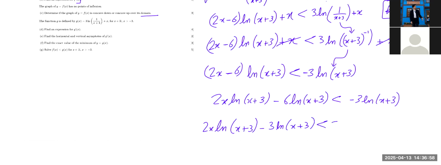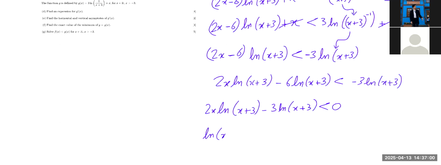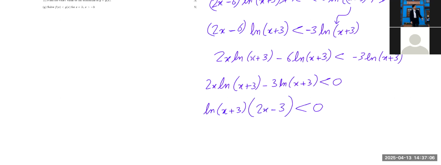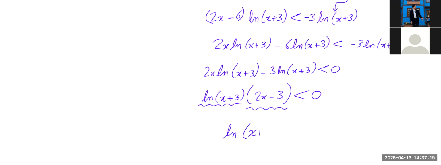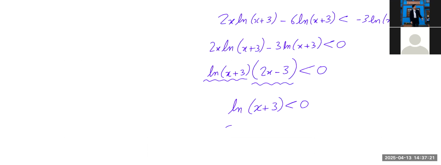Now I'm going to take a natural log common, and I'm going to end up with this. Now, these are two separate factors. Originally, since I cancelled out the natural log, I only ended up with this one factor, which gave me one answer, but I'm supposed to have two answers. One for natural log of x plus 3 being less than 0, and the other for 2x minus 3 being less than 0. Now, this one is easy.